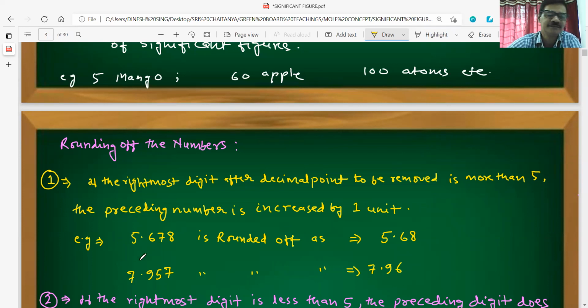If the value of this digit is more than 5, then the preceding number is increased by 1 unit. For example, in this number 5.678, the last digit, that is the rightmost digit, is 8, which is greater than 5.